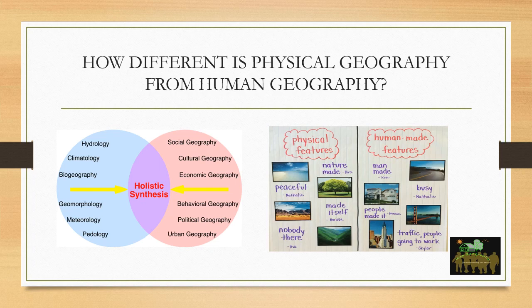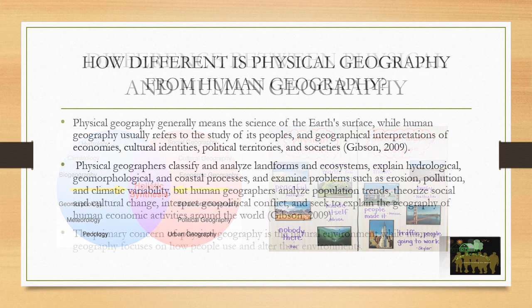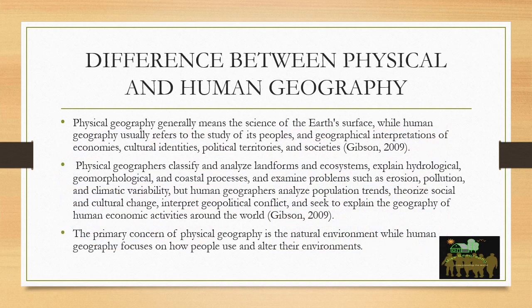So, after being able to make some difference out of the images, we want to go into detail and look further at the differences between physical and human geography. Physical geography generally means the science of the Earth's surface, while human geography usually refers to the study of its peoples, geographical interpretations of economies, cultural identities, political territories, and societies.